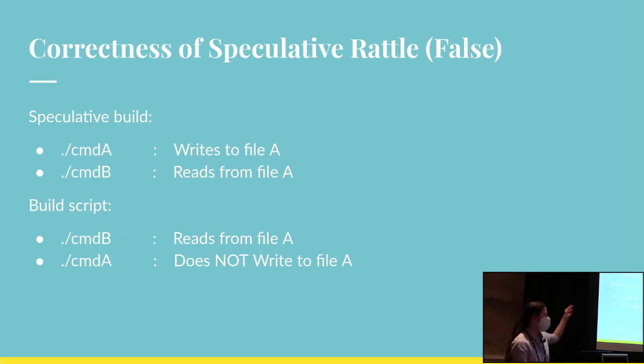But we were really supposed to run them in the other order, and in the other order, command A doesn't write to that file. So if we were to try Rattle's attempt to just rerun the build sequentially, it would fail because we've destroyed an input, and now we're not going to get the same result as we meant to, right? So that currently is not true for Rattle.